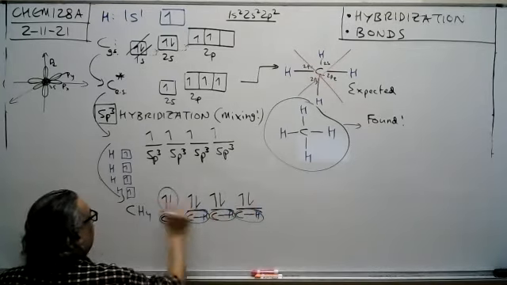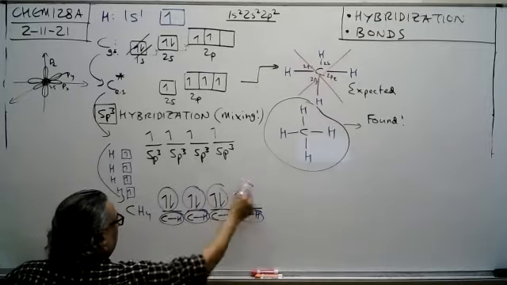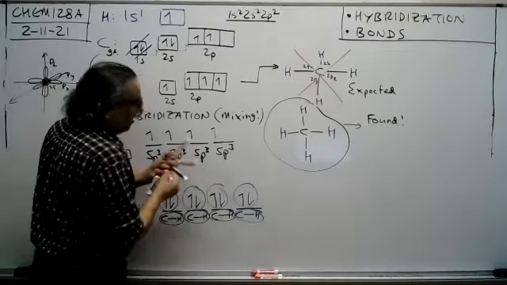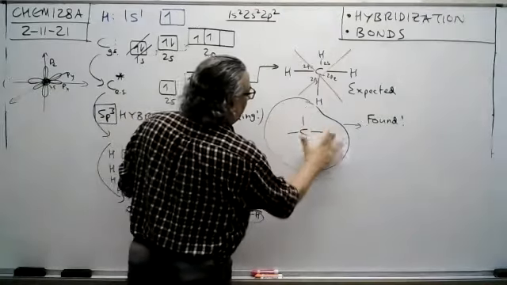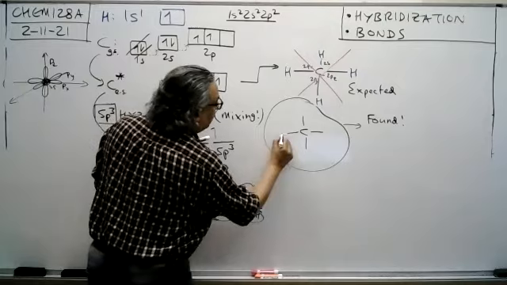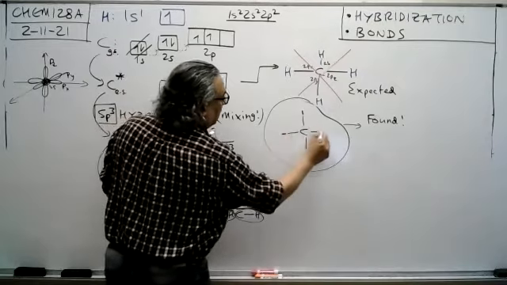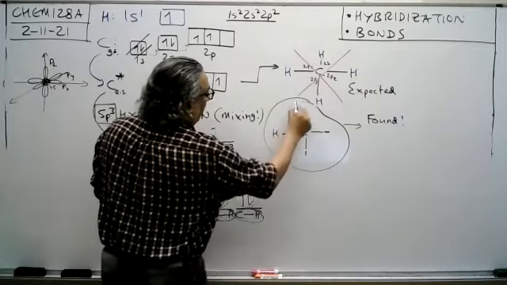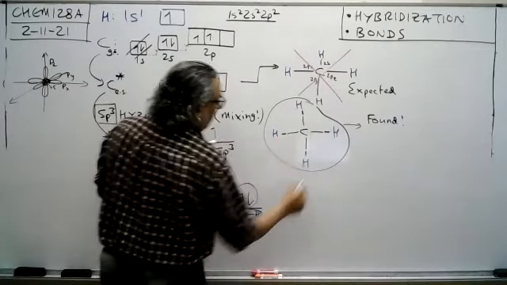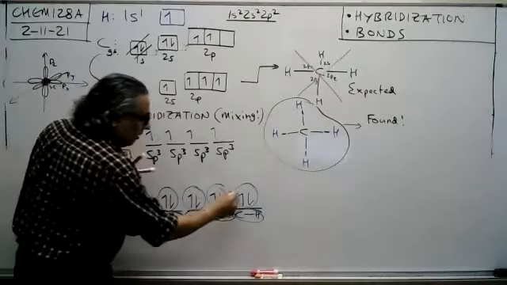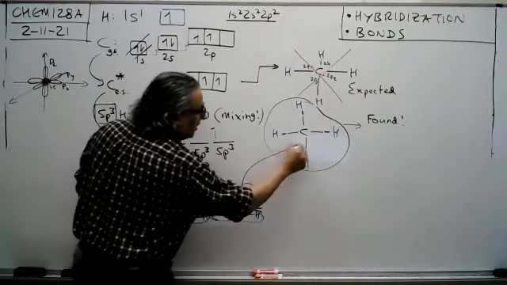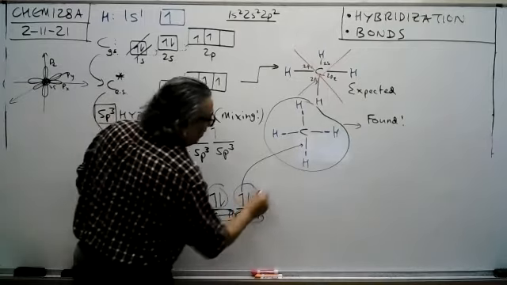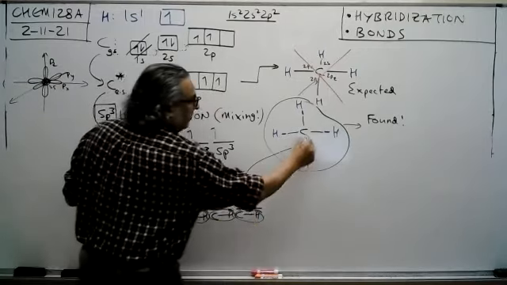So each is a CH bond. If I can just elaborate a little bit more, so this electron is there, and this electron is there. That's the CH bond.